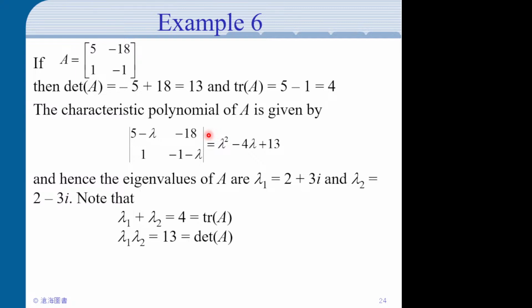And then the eigenvalues, we skip the calculation, are 2 plus 3i and 2 minus 3i. And so you add them together, 2 plus 2 equals 4. And you multiply them together, it's 2 squared plus 3 squared equal to 13. It's the determinant. So it's just checking this is true.